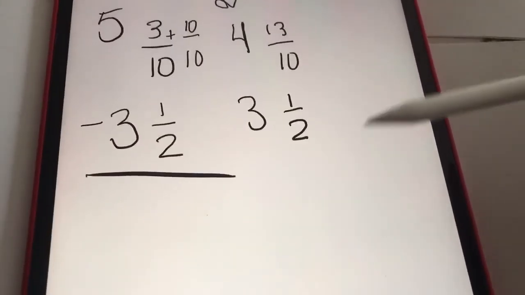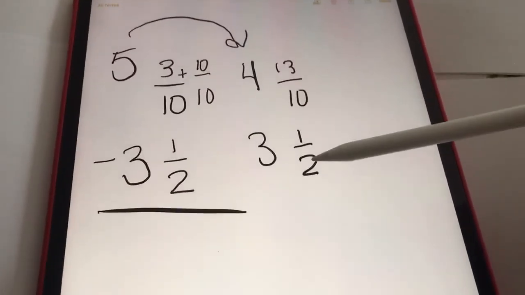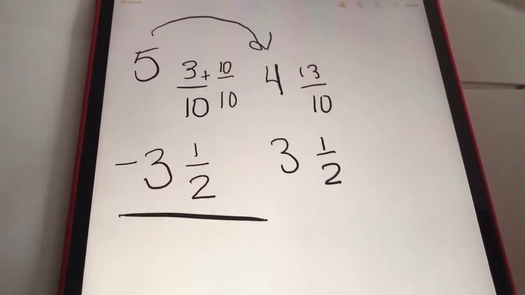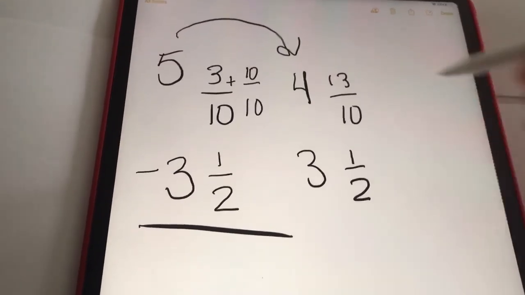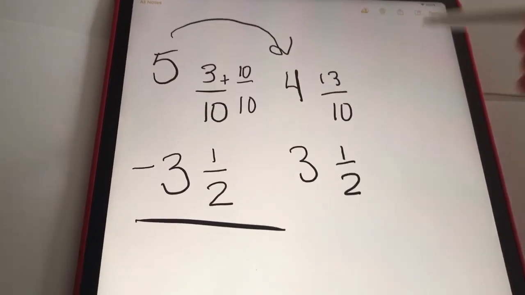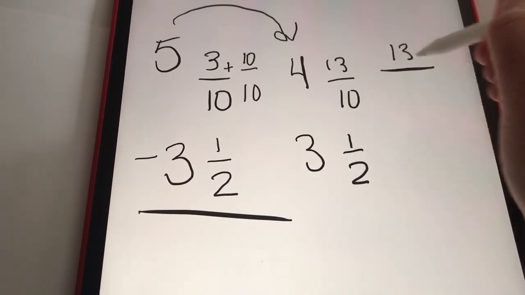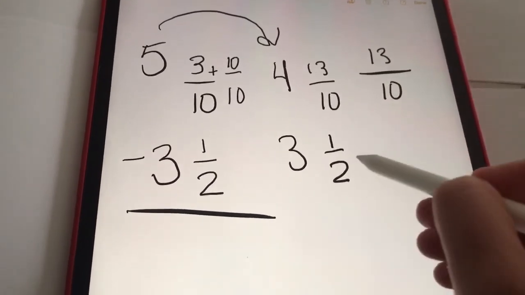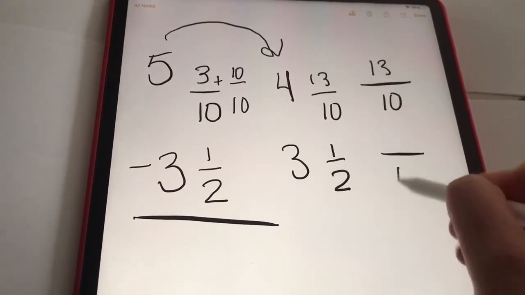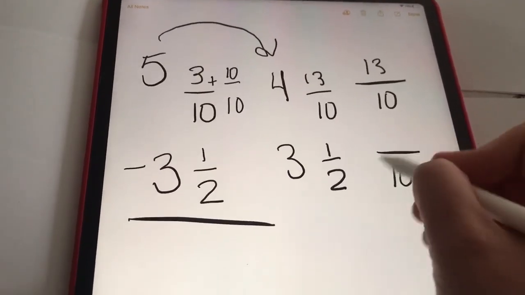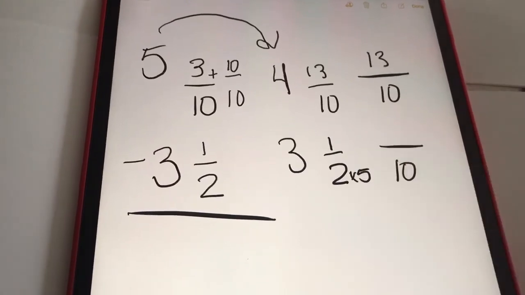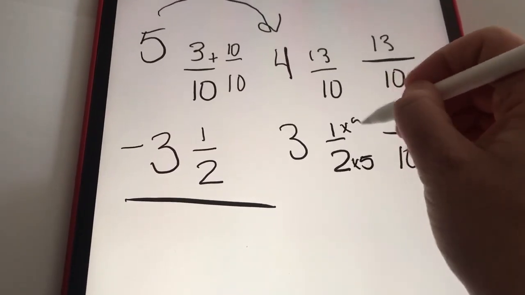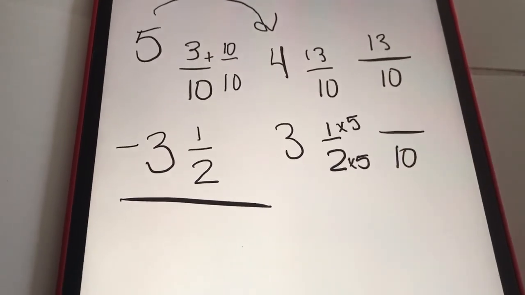Because if I ask myself, is one a multiple of the other, I know that if I skip count by 2, I will hit 10. Therefore, I don't need to rename this fraction because I know that 10 is the least common denominator of both of them. So I'm going to multiply 2 by a factor of 5, which is going to give me 10. What I do to the bottom, I do to the top.